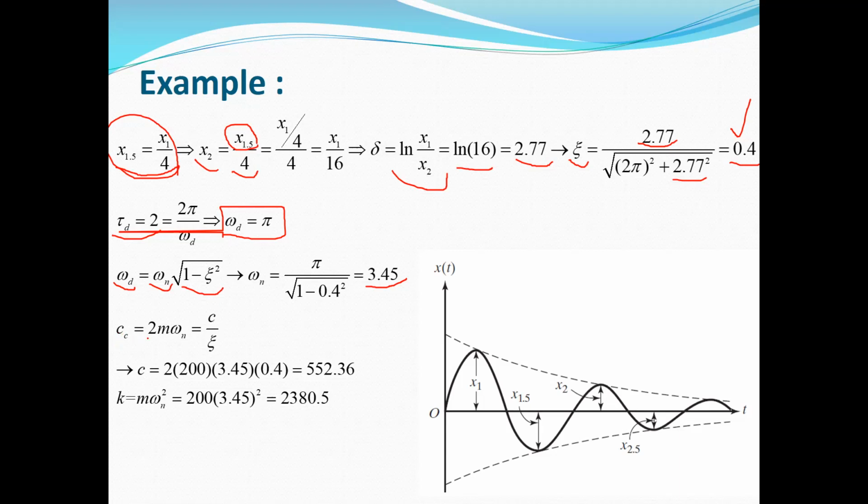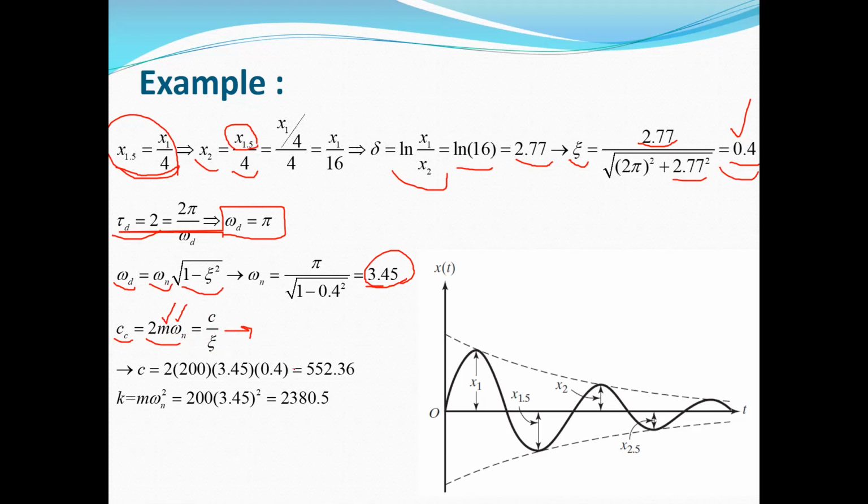You know that the critical damping is equal to 2 times the mass times omega n, and also it's equal to C divided by the damping ratio. So from here we can conclude that C is equal to zeta times 2 times M times omega n. M is given data, omega n is calculated here, 3.45, and the damping ratio is obtained here, 0.4.